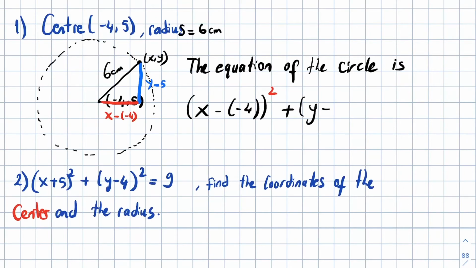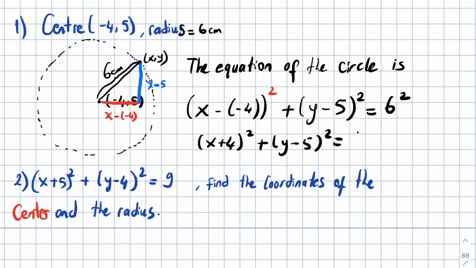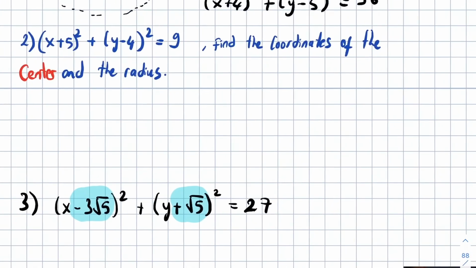So using the Pythagorean theorem, x plus 4 squared plus y minus 5 squared equals 6 squared. As you see, it's already a right triangle. So the equation of the circle is (x plus 4) squared plus (y minus 5) squared, these are the sides, equals 36.